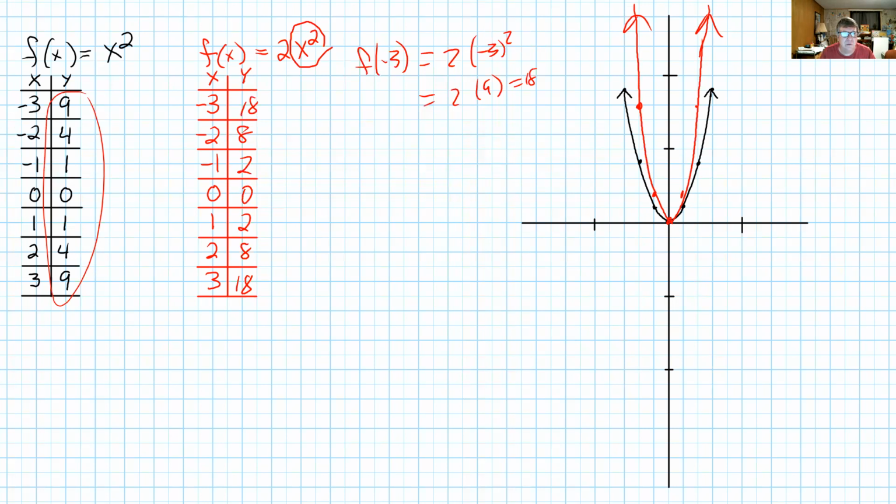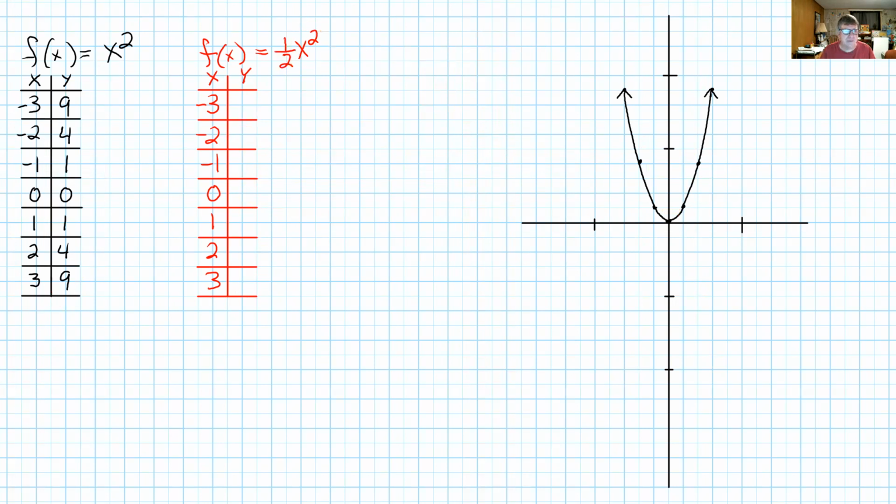What about a half? Well, now what are we going to do? We're going to square it, but then cut it in half. So this is going to be 9 halves, 4 halves, which is 2, 1 half, 0 halves, 1 half, 4 halves, which is 2, 9 halves. Okay. So -3, 4 1/2, -2, 2, -1 is a half, 0, 0, a half, 2, and there.